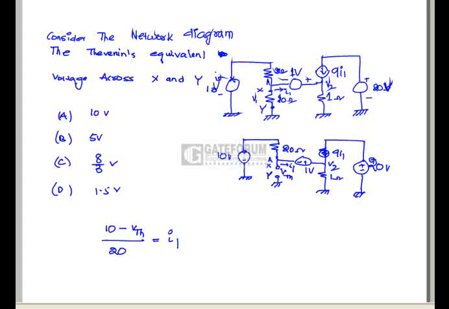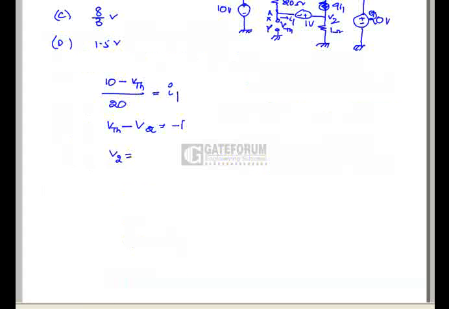Here, VThevenin minus V2 equals to minus 1 volt, V2 equals to 10 I1. So VThevenin equals to minus 1 plus 10 I1. So I1 equals to (VThevenin plus 1) by 10.